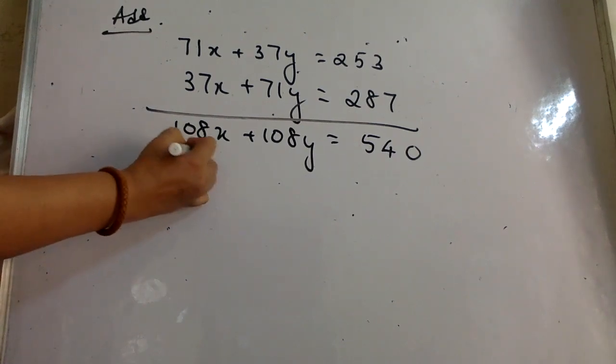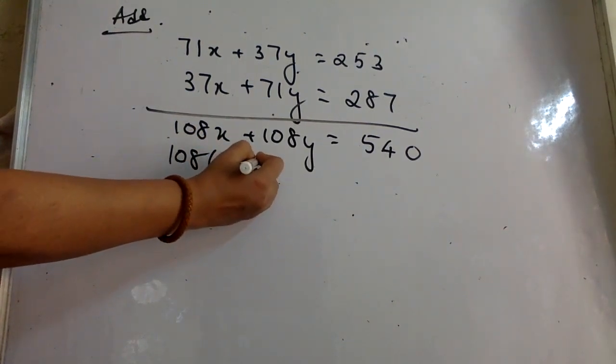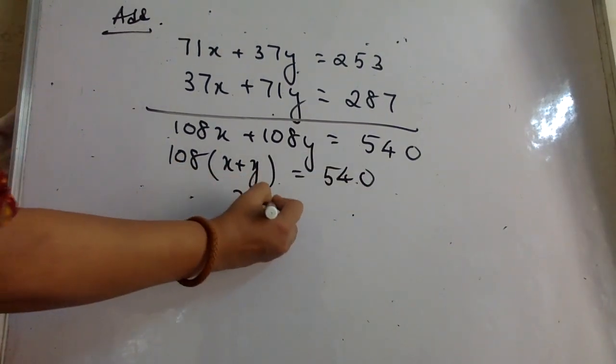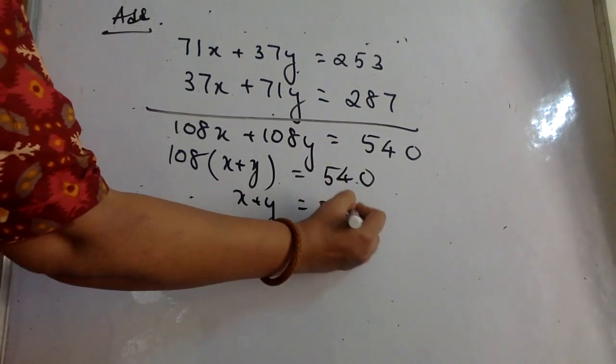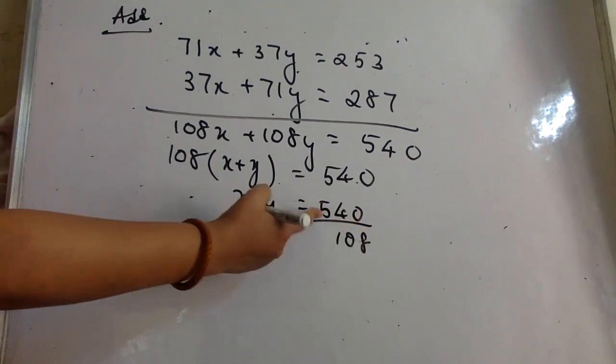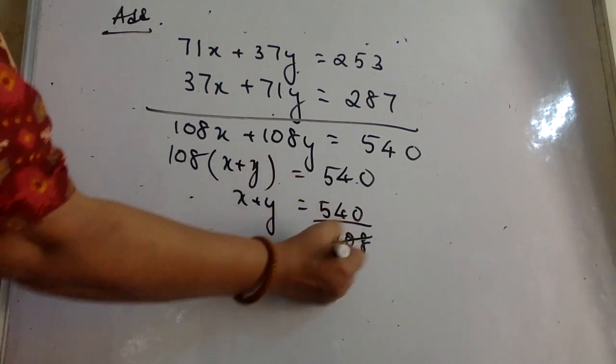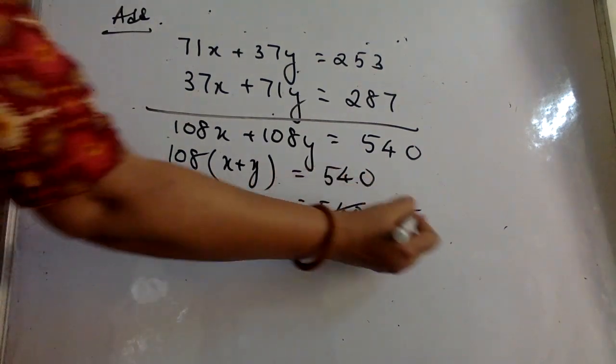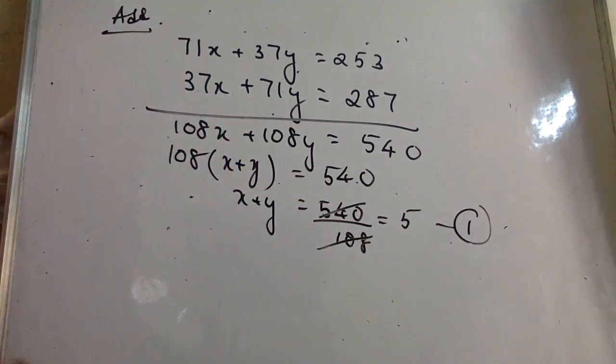Now I take the 108 common and then I get x plus y is equal to 540 by 108. I can clearly see 5 times 108 gives me this, so this is 5. So x plus y is equal to 5 is my equation 1 for this set of equations.